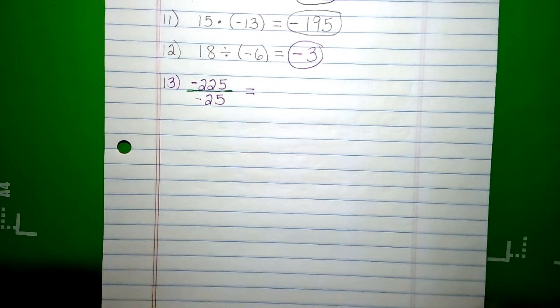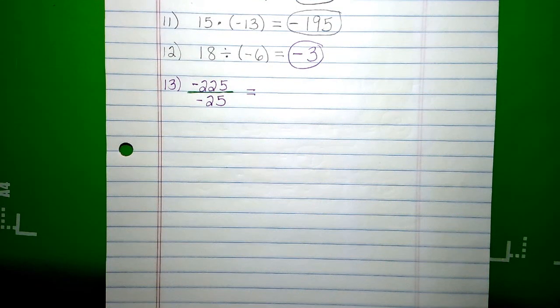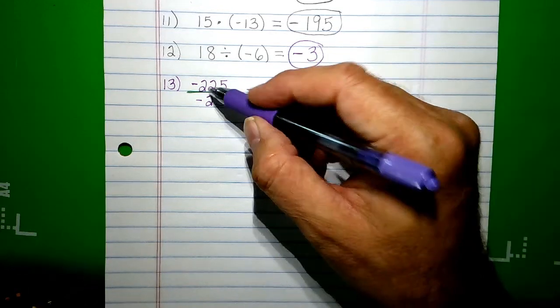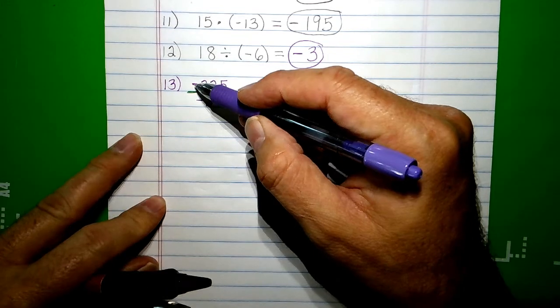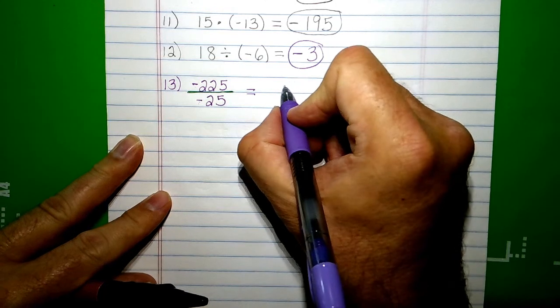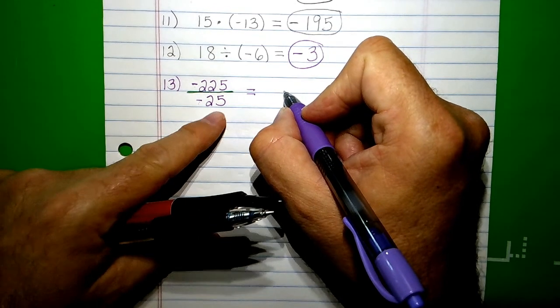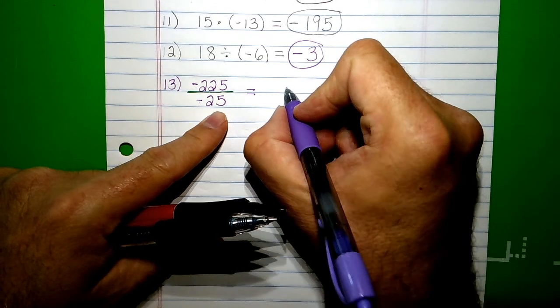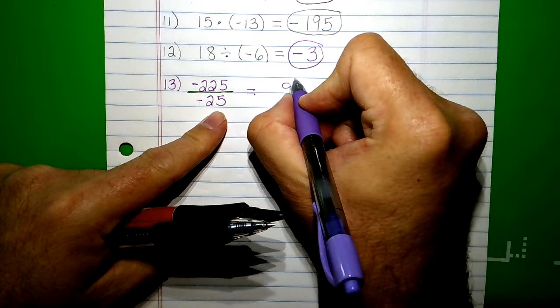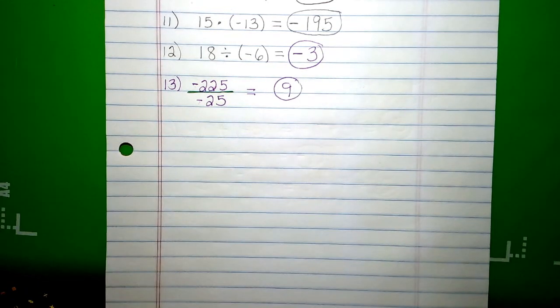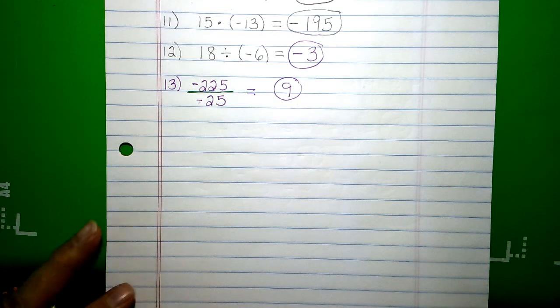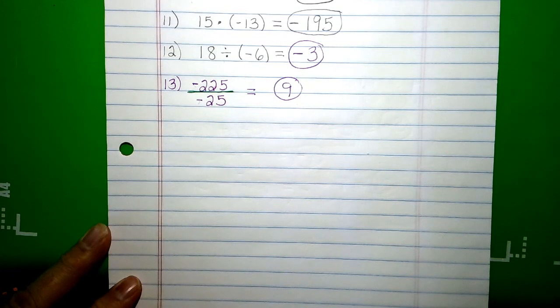Negative 225 divided by negative 25. Can y'all tell me if it's positive or negative? Negative divided by negative is, y'all agree, positive? If they're both negative, then the answer is a positive. What's 225 divided by 25? That is a 9. So negative 225 divided by negative 25 is a positive 9.